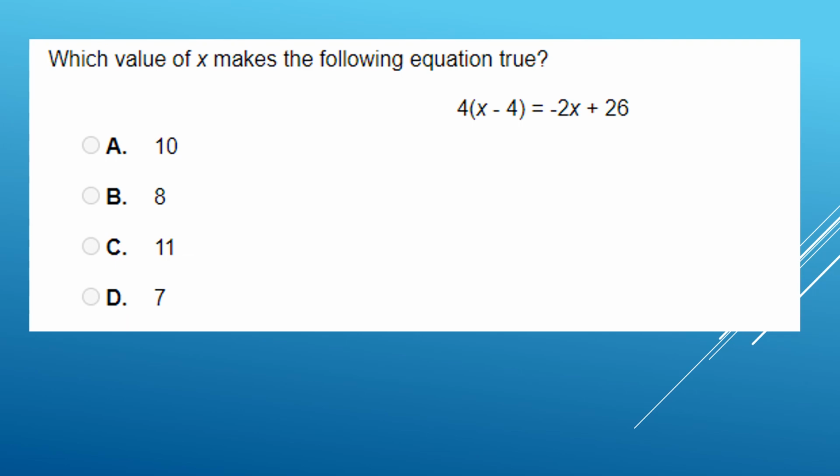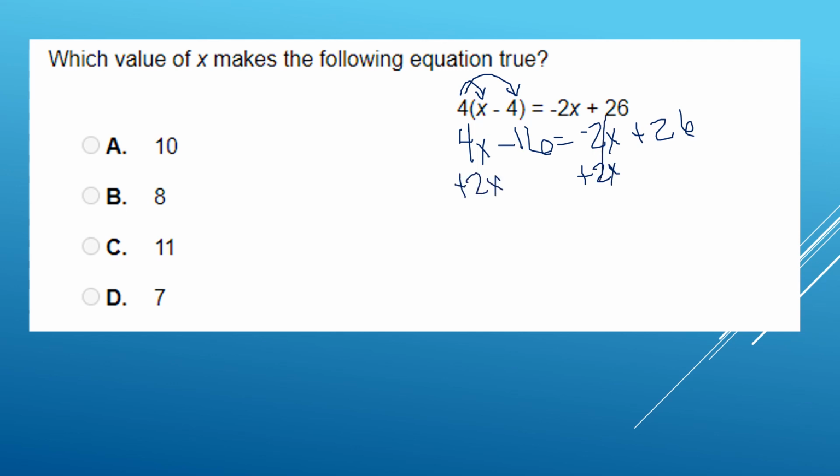Which value of x makes this equation true? So the first thing I'm going to do is spread the wealth. Spread out that 4. So 4 times x is 4x. 4 times negative 4 is negative 16. Okay, I'm going to add 2x to both sides.